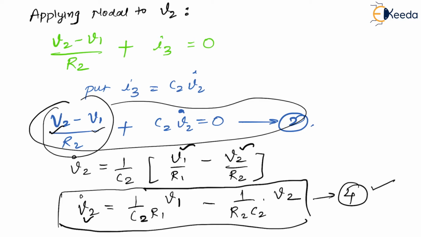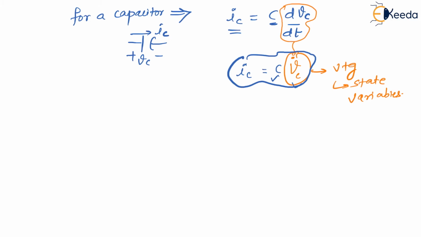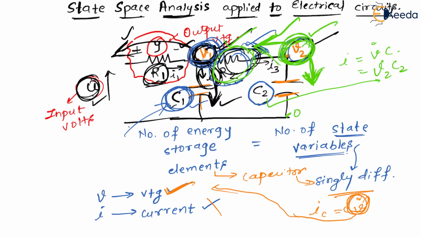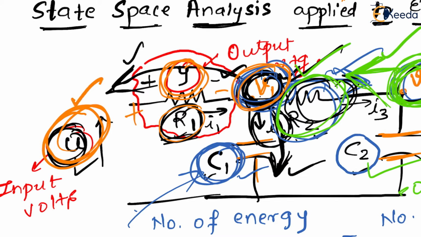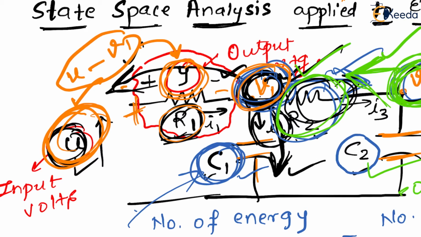Output Y is the voltage across this R1, meaning this voltage minus this voltage. This voltage is U and this voltage is V1. So U minus V1 is going to be Y.